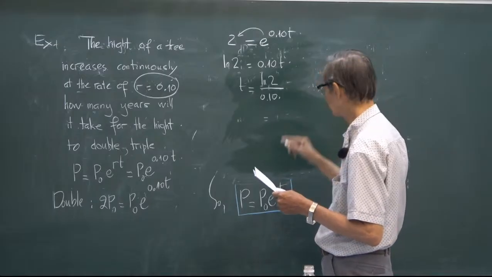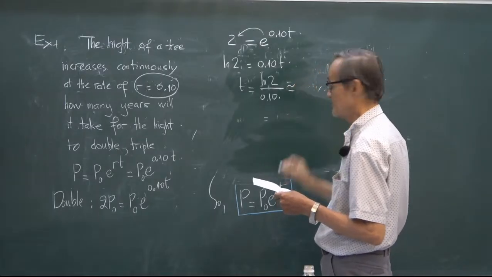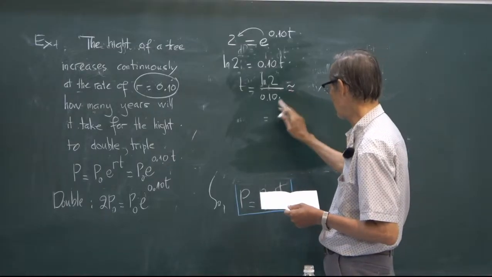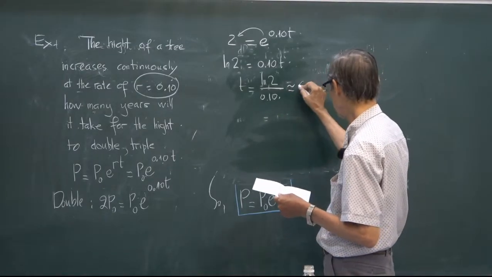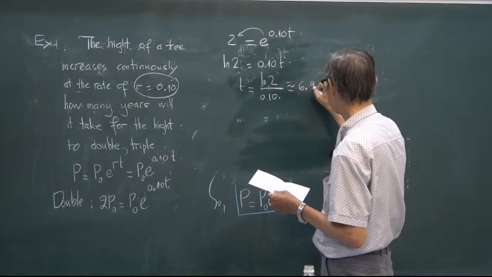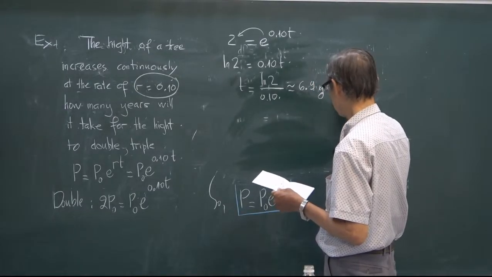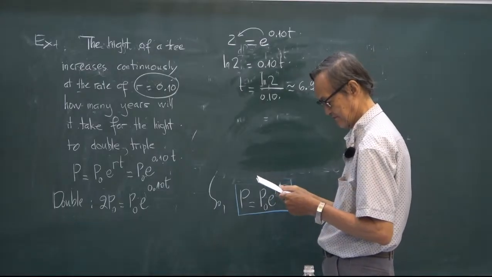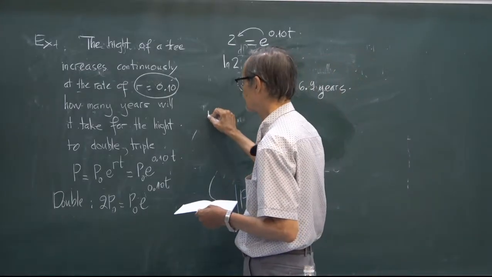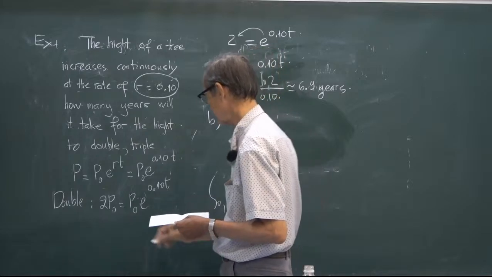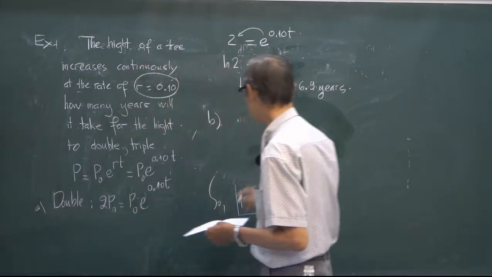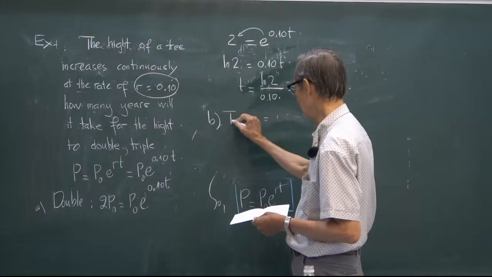Use your pocket calculator, we have the result 6.9 years. Now question B, triple.